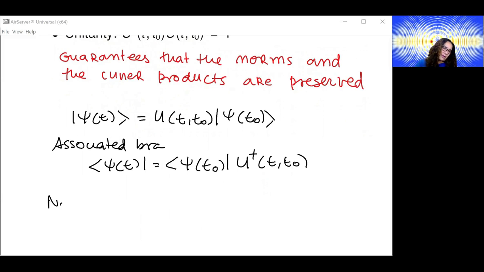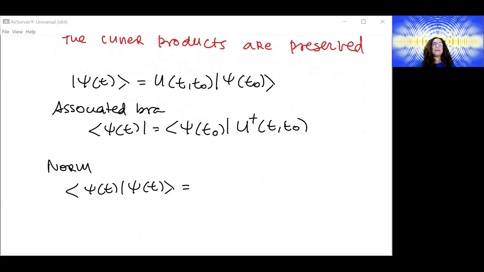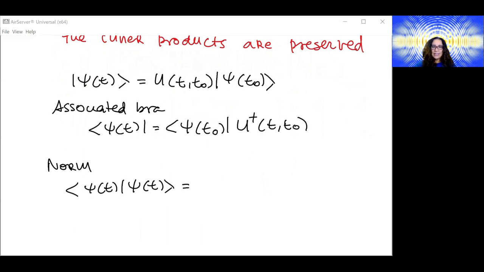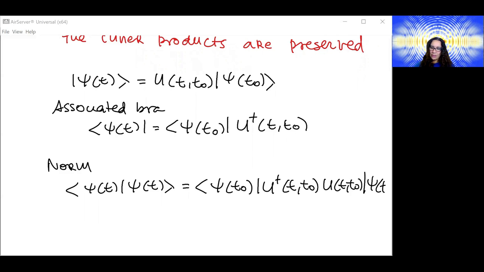So if we calculate the norm of these wave functions, which is going to be <psi(t)|psi(t)>, you find that it is <psi(t0)|U dagger(t, t0) U(t, t0)|psi(t0)>.